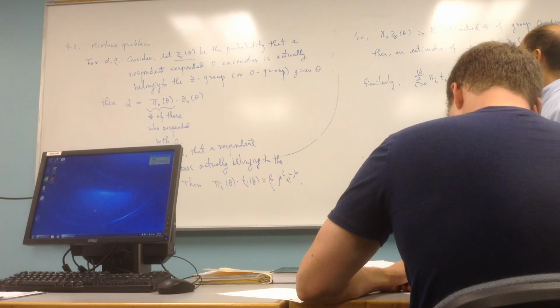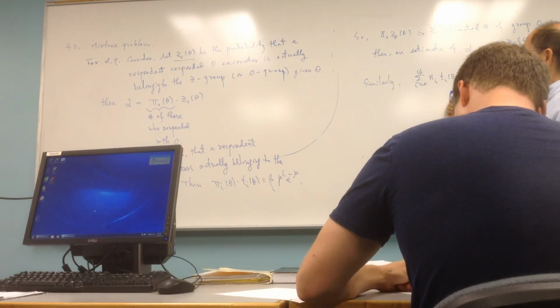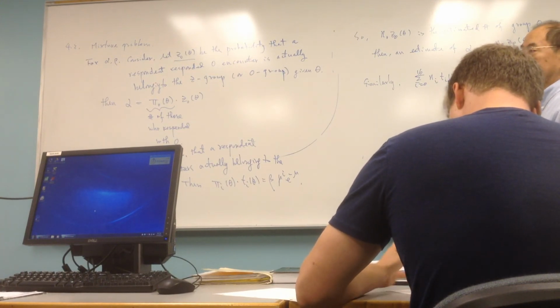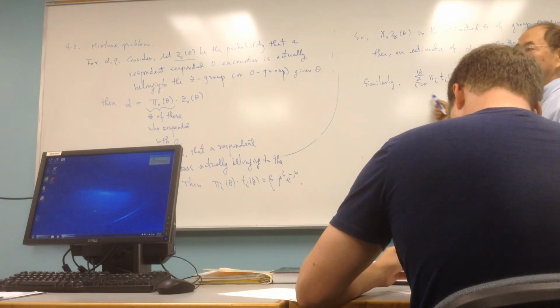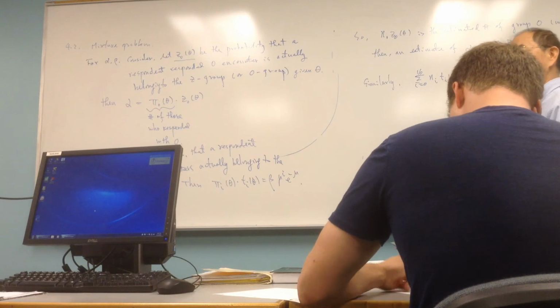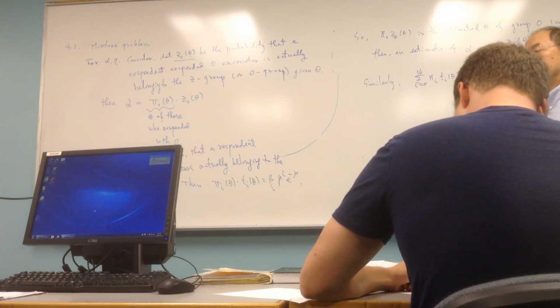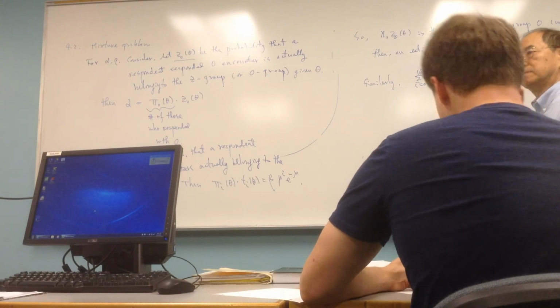Okay? So you sum up all those, and those say that i actually belongs to the T group. So this gives you what? Total number of people who are in the T group, who reported 0, 1, 2, 3 to 16.